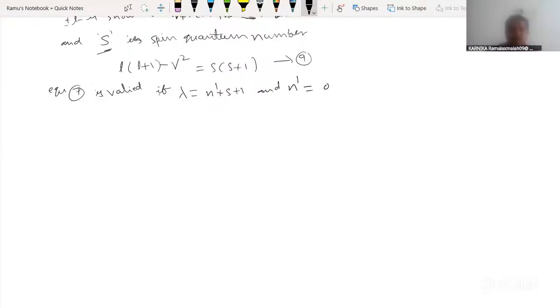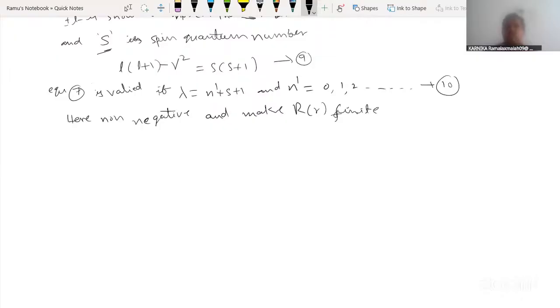That is equation 10. The non-negative and make R of r finite at the origin.